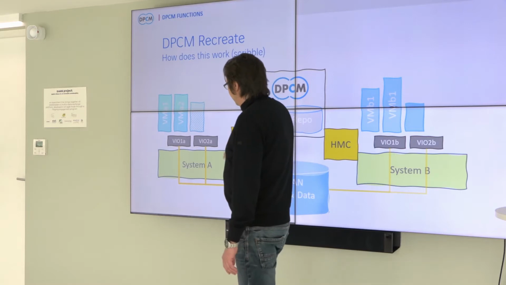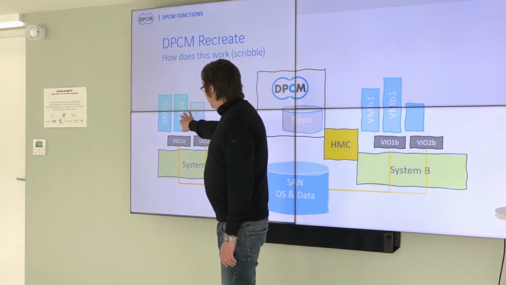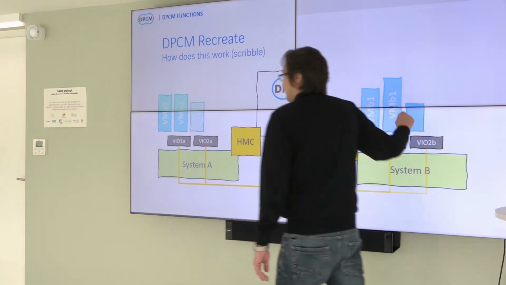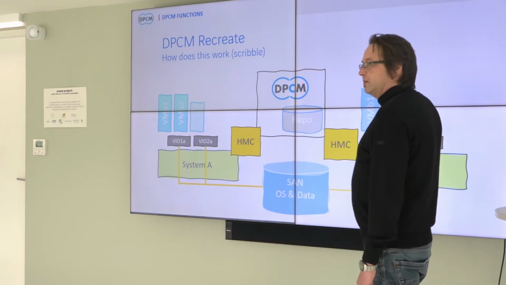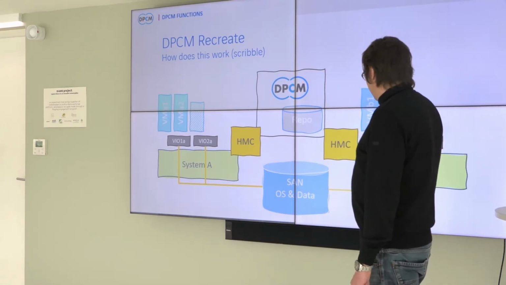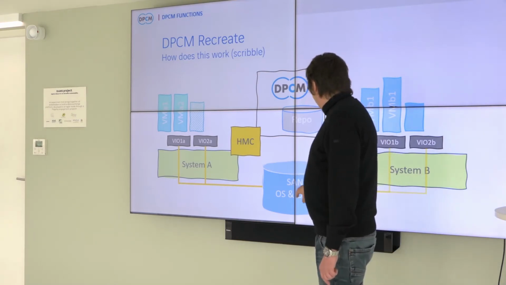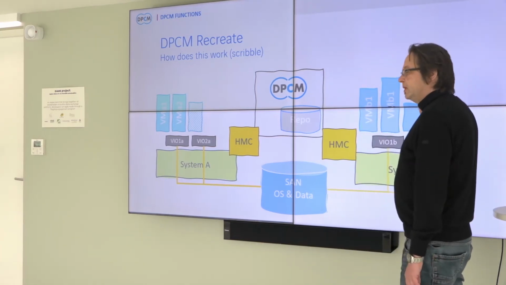So what you can do, if the system fails, is that you create a profile for this machine on this side, and if the system fails, you start the machine on this side. It's the same storage here in the center, so you can do it, but you have to maintain this profile here.